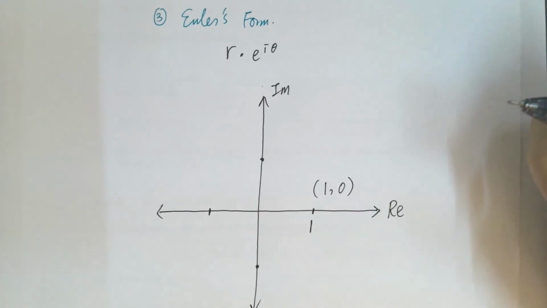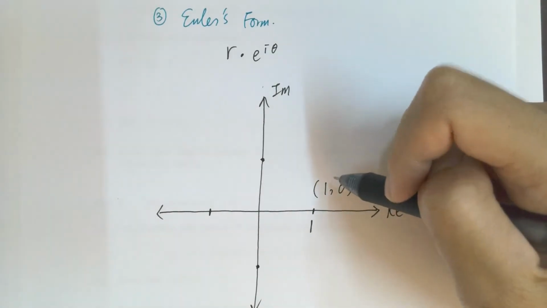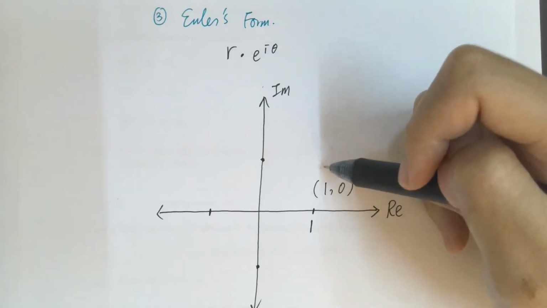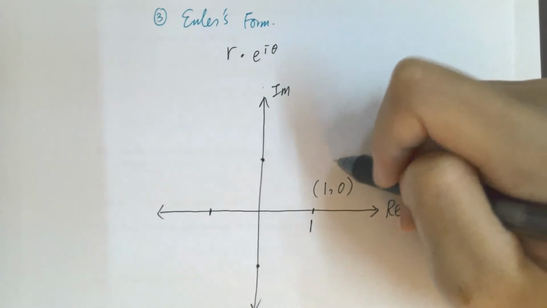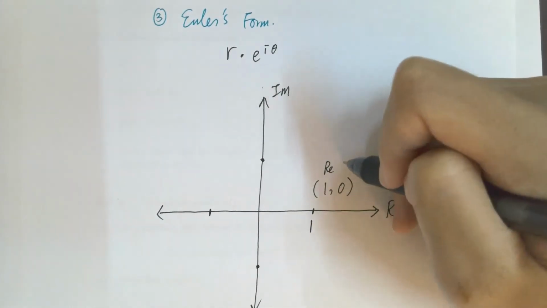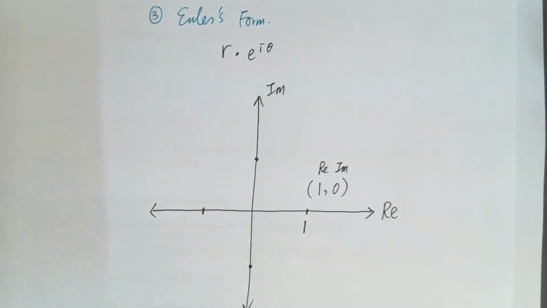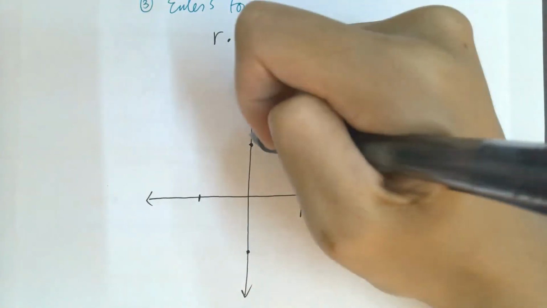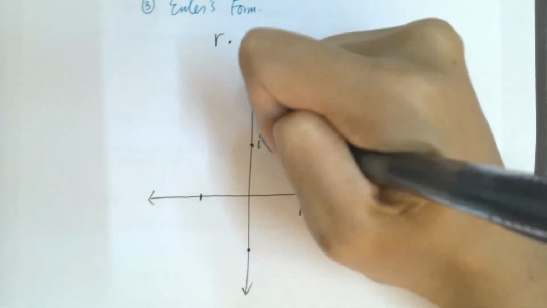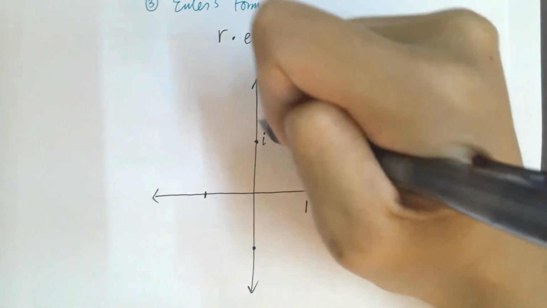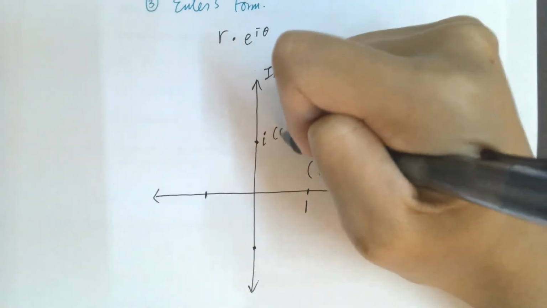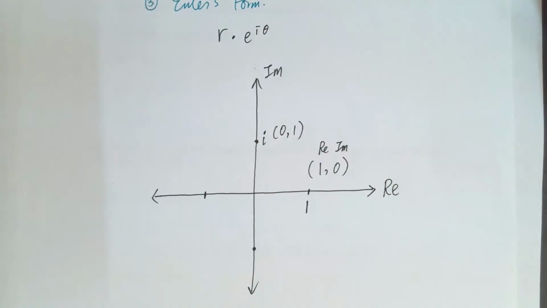Just as you were doing an x and y axis, it would be 1 and 0. Whereas instead of x and y, you would have real and imaginary, which means the real part is 1 and the imaginary part is 0, right? And so if it's distance 1, this point would be i, okay? And so the coordinates, which reasonably should be this, 0 and 1.